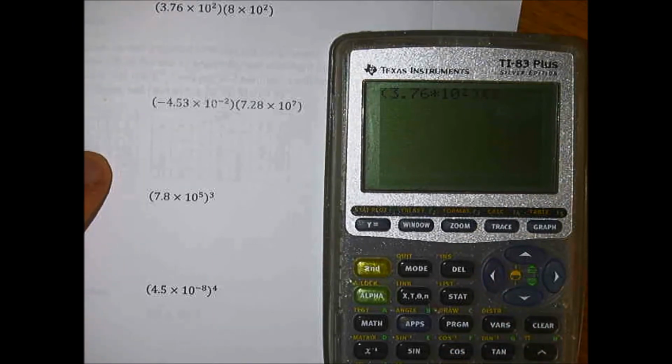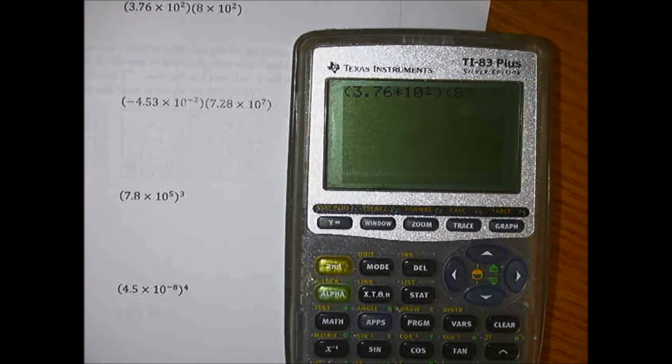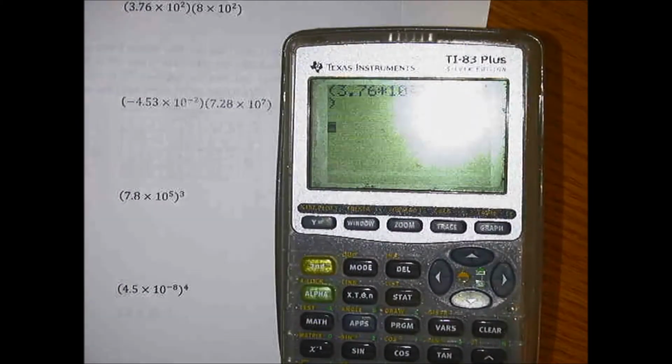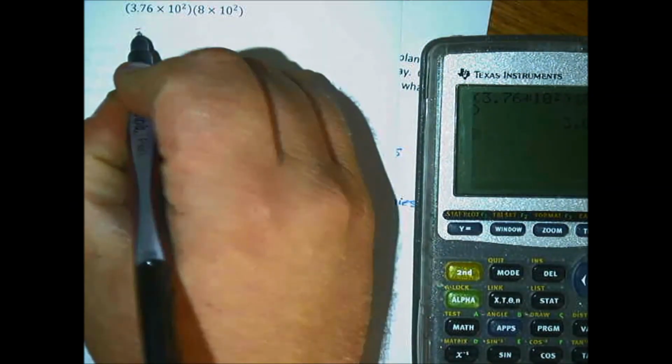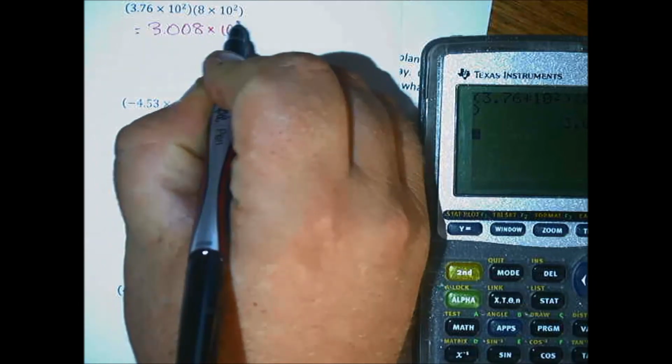And 8 times 10 squared. Put in my parentheses. I get 3.008E5. So that's the same thing as 3.008 times 10 to the 5th. All right.